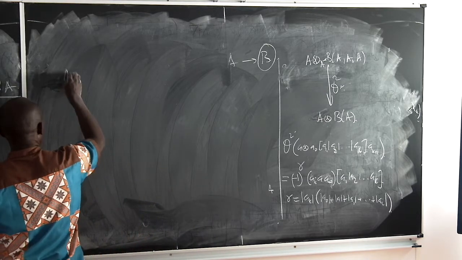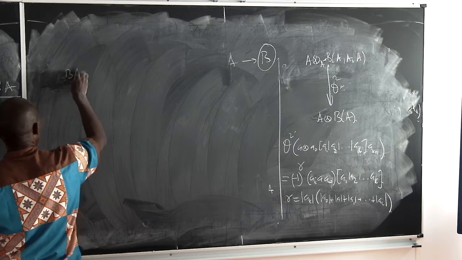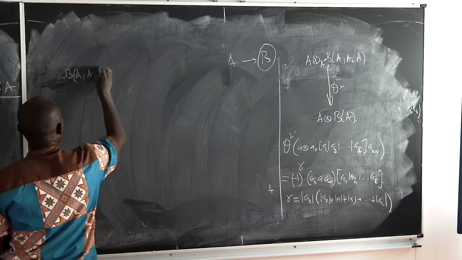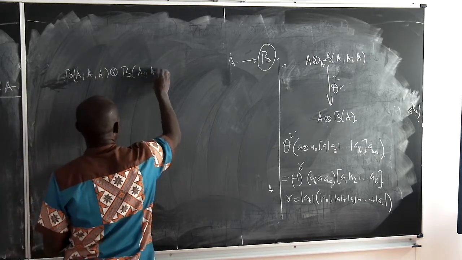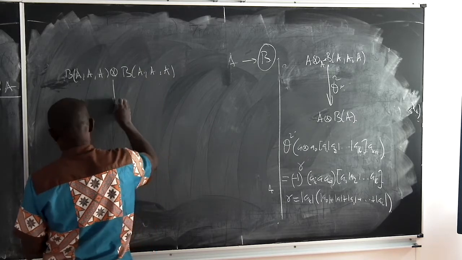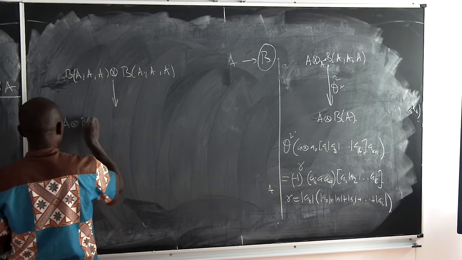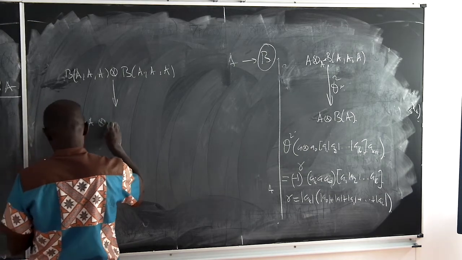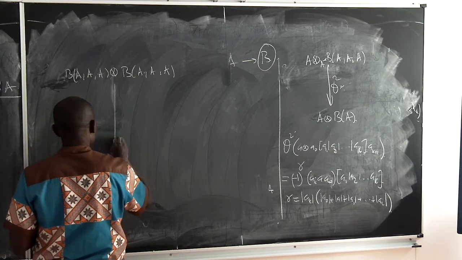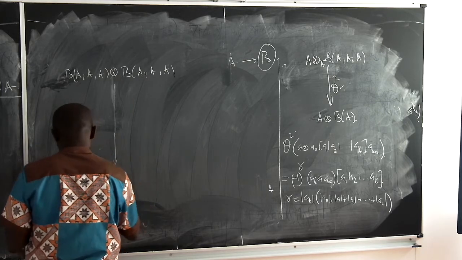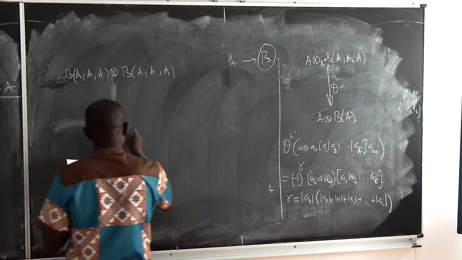Have here A, B, A, A. We transform it by itself, A, like this. When we go to the A tensor BA, tensor by, let me go directly to BA, A. This product is exactly what?